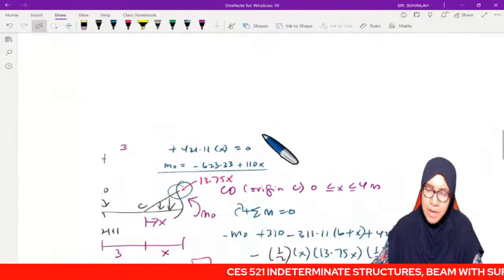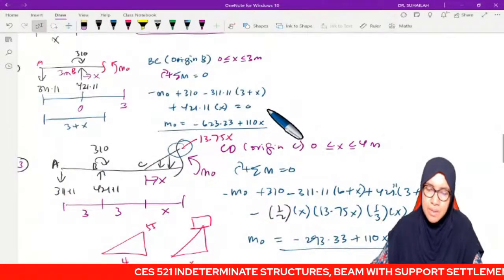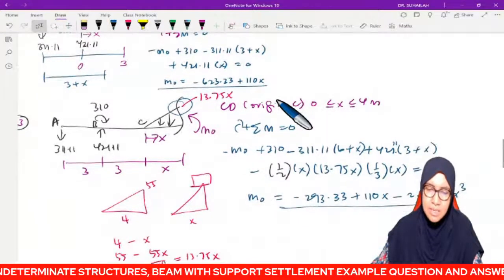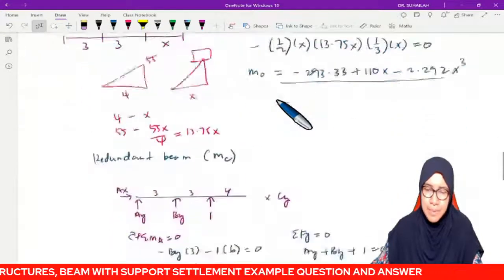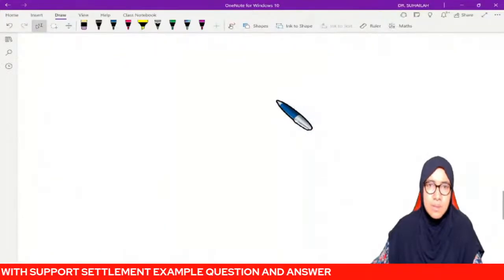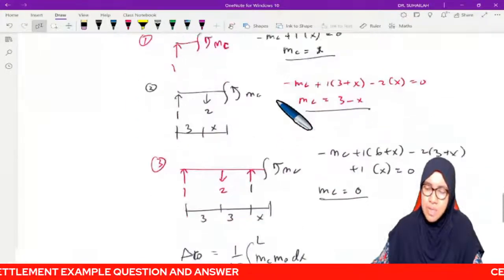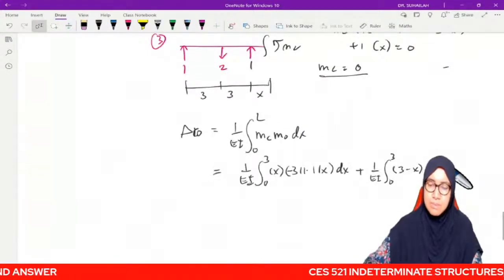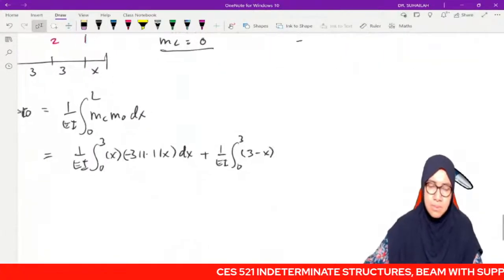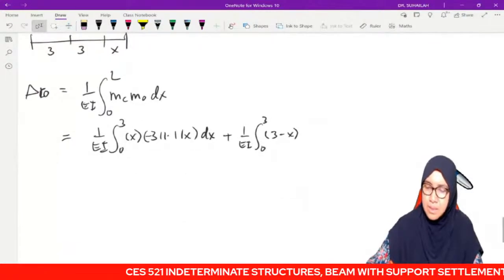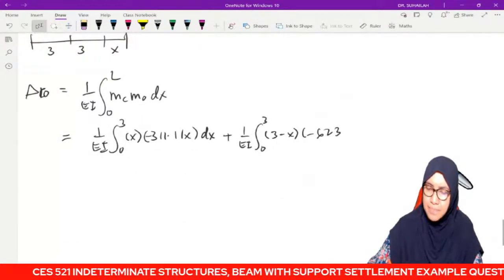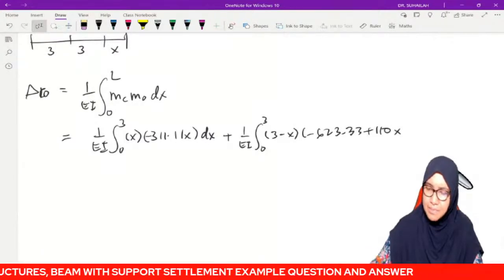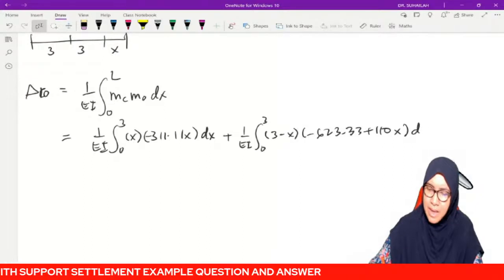In the primary, we have negative 623.33 plus 110x, dx.